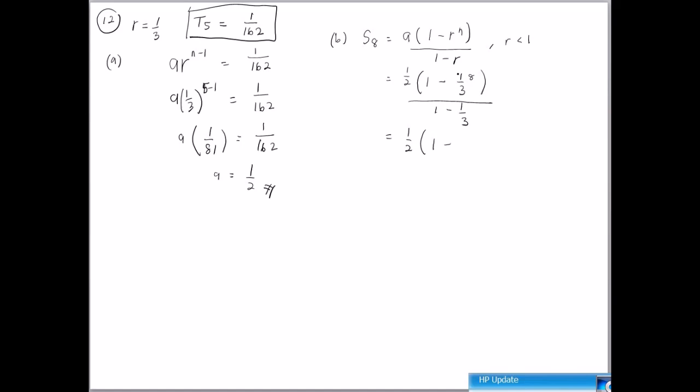Okay, calculate 1 over 3 power 8. Put 1 over 3 in bracket. Power 8 is 1 over 6561, over 1 minus 1 over 3 is 4 over 3. Okay, solve.